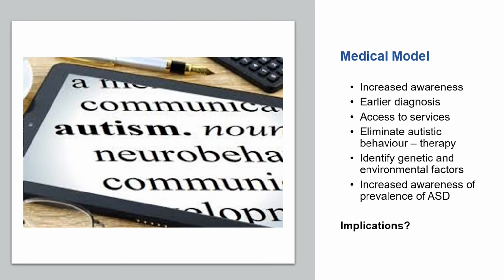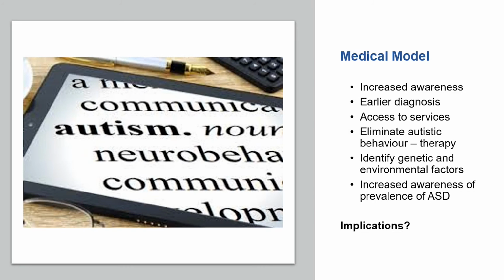So a closer look at the medical model then enables us to look at what is the goal of this medical model. Historically, it was to increase awareness of autism, to promote earlier diagnosis, and we agree with this. As I've previously said, earlier diagnosis should lead to earlier intervention and support. We also look at the importance of someone who's been diagnosed with ASD to have access to appropriate services and supports.